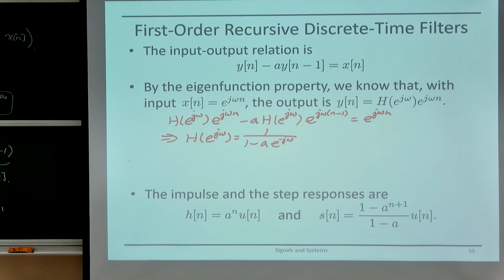So the magnitude, the absolute value of H(e^{jω}), I can compute by taking 1 minus a e^{-jω} times its complex conjugate, which is 1 minus a e^{jω}, absolute square. Okay?